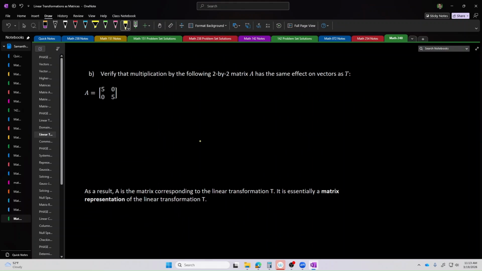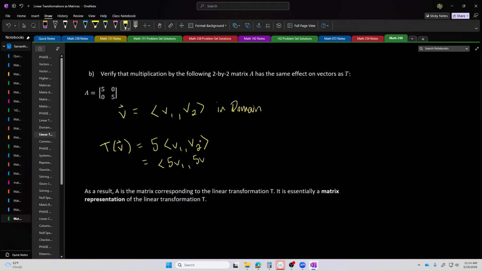So to verify that, let's go ahead and take an arbitrary generic vector in the domain, v1, v2. Let's start by applying the transformation T to that vector. T's job is to scale this vector by a factor of 5. The result would be equivalent to 5 times the vector v1, v2. So 5v1, 5v2.